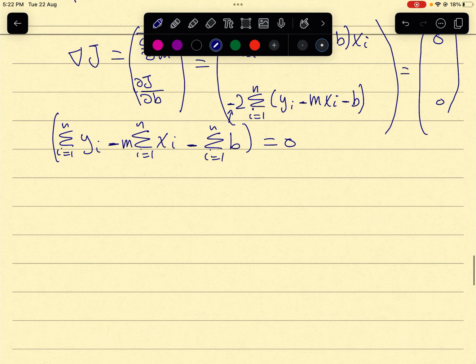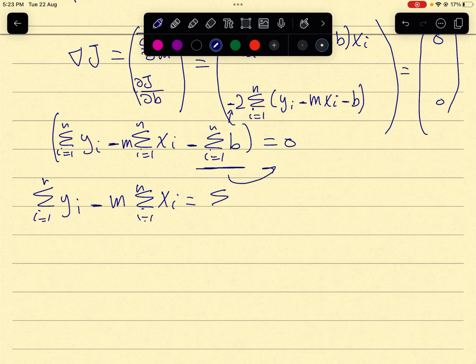Okay, so now I can simplify this equation by taking this term to the right hand side. I will get the summation of yi minus m summation of xi equals the summation of b.